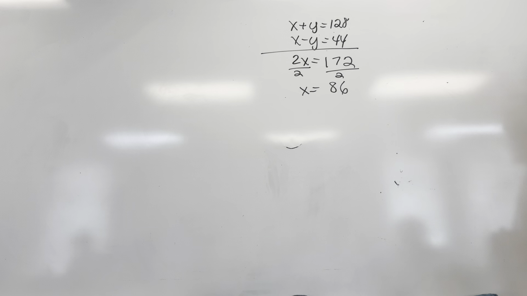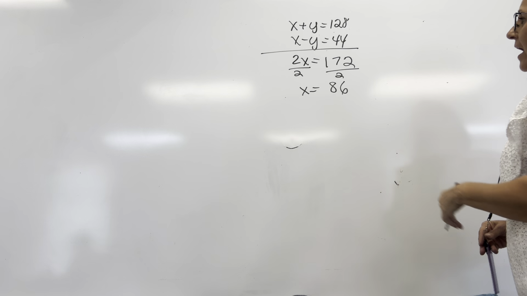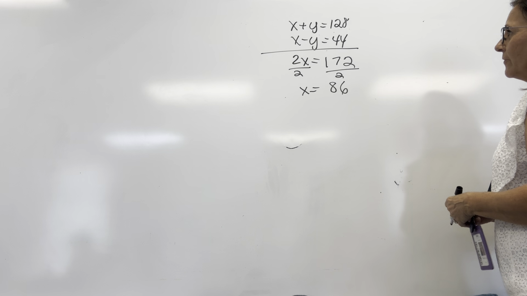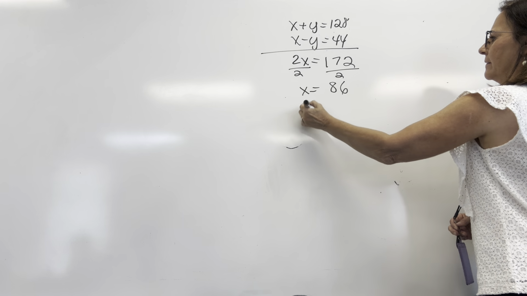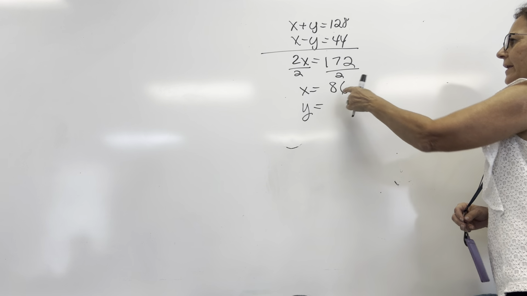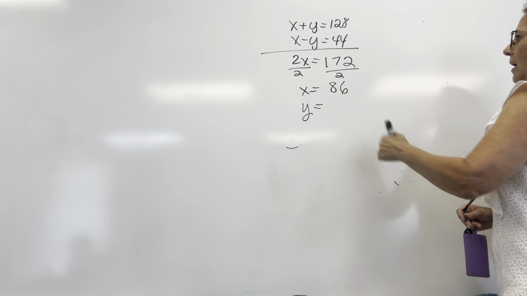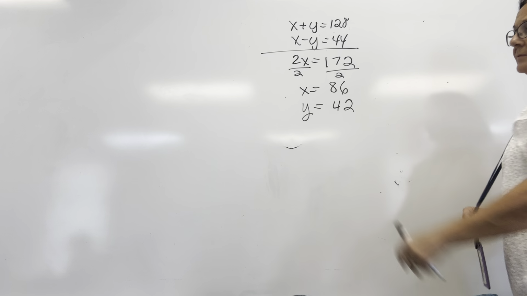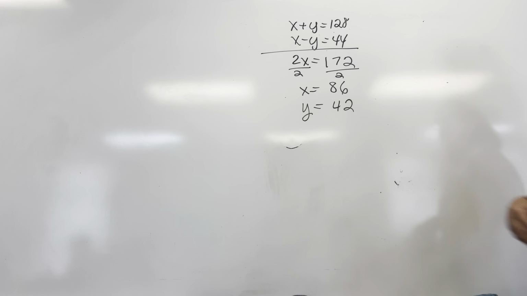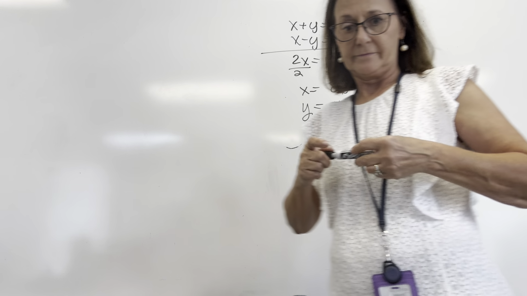Okay, good. So I can find the value of y. What plus 86 gives me 128? What's 128 minus 86? Oh, that's not too hard. Is it 42? There we go. 42. Is the difference 44? Yes.